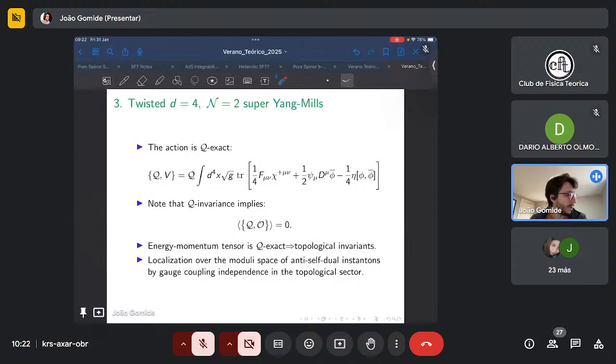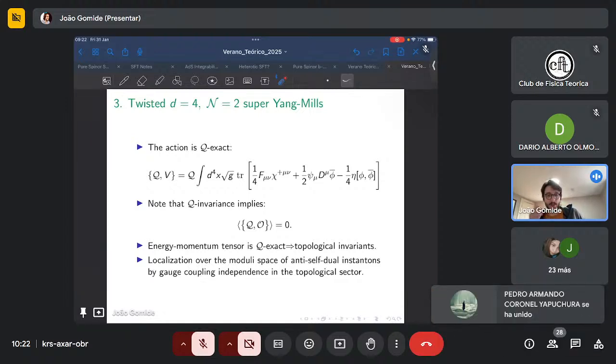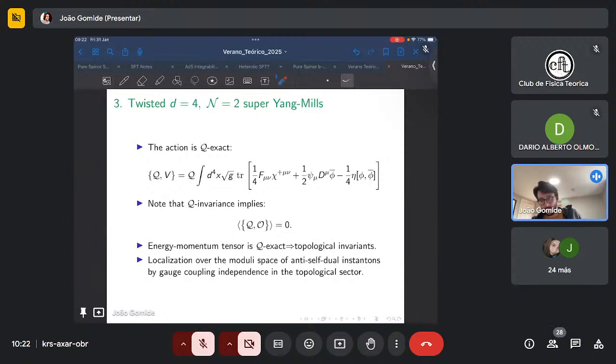And here in particular, the important thing is localization. I don't think that it is just for topological field theories, but it happens here.